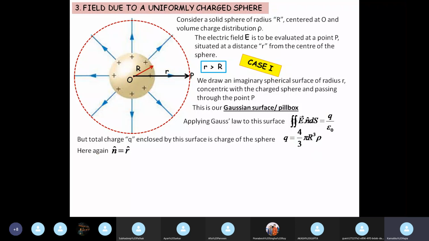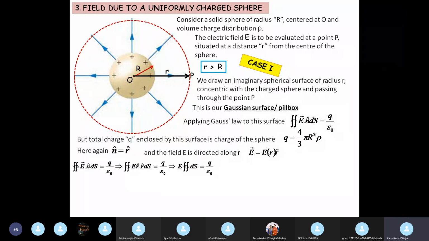Again here n cap is along r cap. N cap is the normal to the Gaussian surface at any point, and the normal to a spherical surface at any point is along the radial direction. So n cap is along r cap. So electric field E is E_r r cap, and in Gauss's law the integrand on the left-hand side is E r cap dot r cap dS equal to q by epsilon naught.